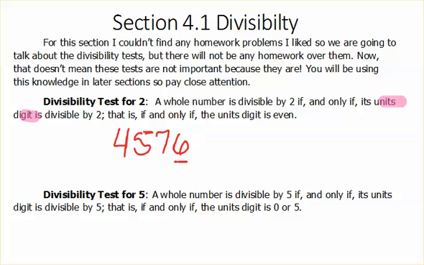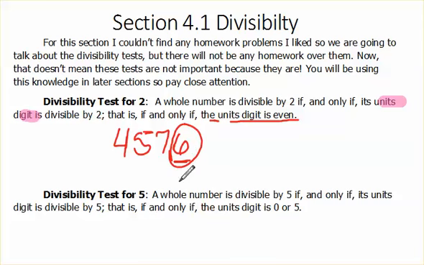Our units digit, remember, is that very last or rightmost digit. If this digit is divisible by 2, then the whole thing is divisible by 2. Another way of saying it is if the units digit is even, then it's automatically divisible by 2.